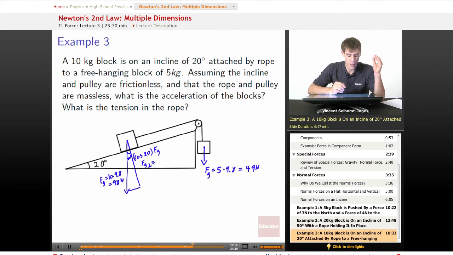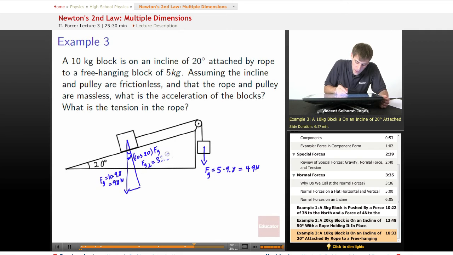Force of gravity perpendicular is going to be cosine of 20 times that 98 newtons, which is equal to 33.5 newtons. Oh, whoops, sorry, I accidentally gave you the wrong one there. That's what the other one's going to be. In fact, we don't have to care what this one is yet.